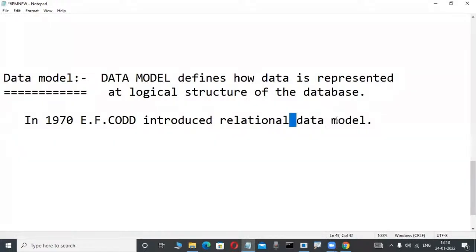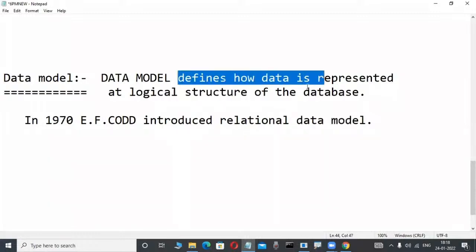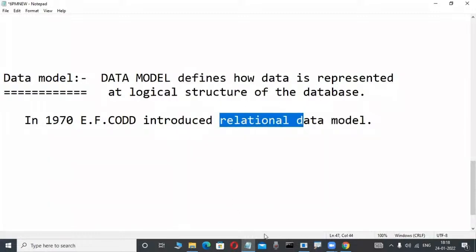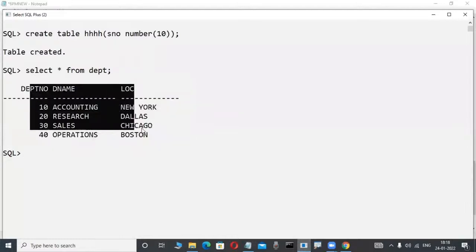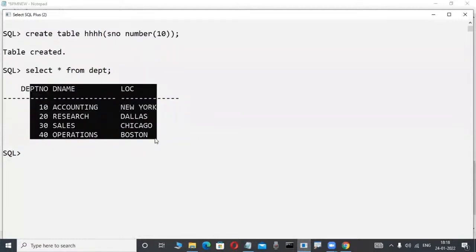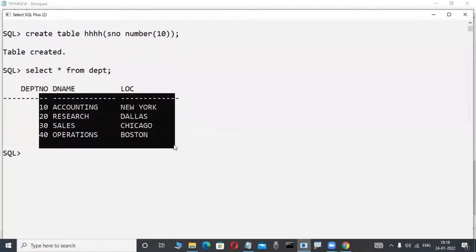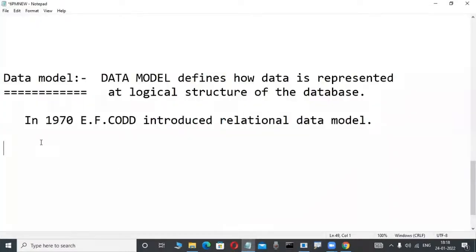Relational data model means what? How is data represented in a logical structure? This is a logical structure, which is not visible in the operating system. In this logical structure, data is represented in the format of rows and columns. That is nothing but two-dimensional tables.